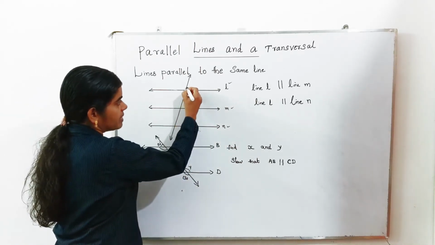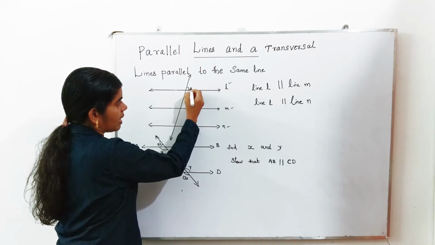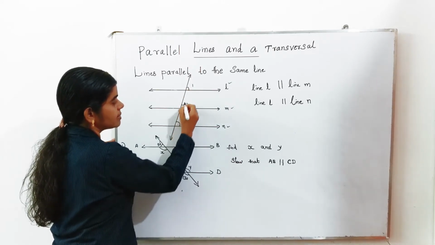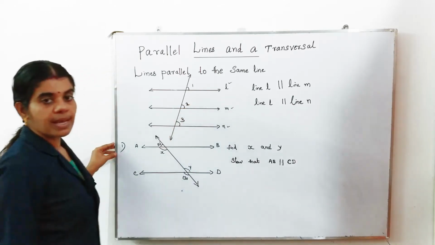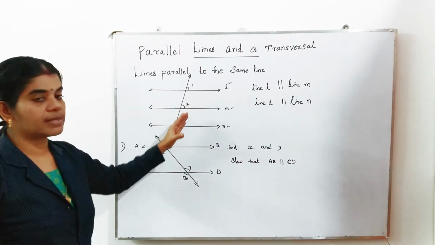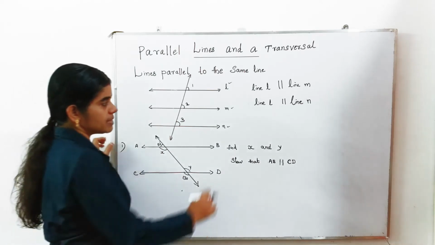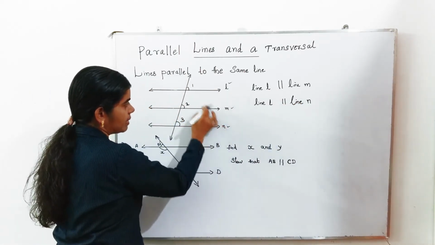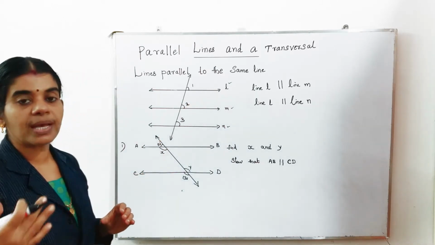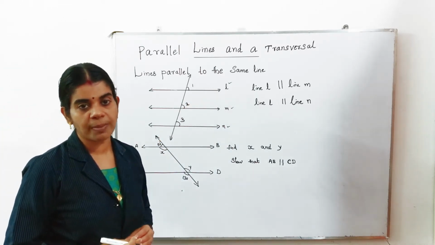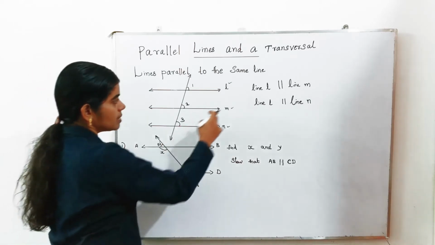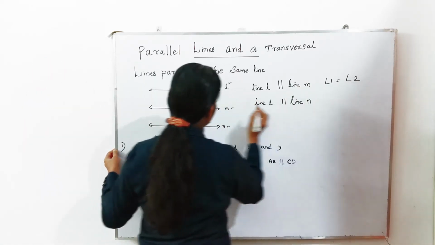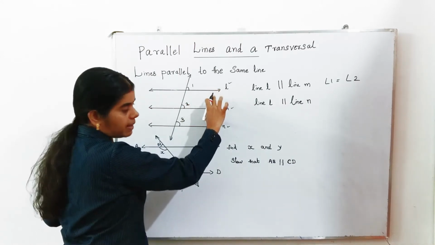Then what will this angle be? Angle 1 I marked, here angle 2, and this will be angle 3. These will be the corresponding angles. Line L is parallel to line M. Then we already studied that if two lines are parallel, corresponding angles will be equal. So in the first case, we can write angle 1 is equal to angle 2, because these two lines are parallel.